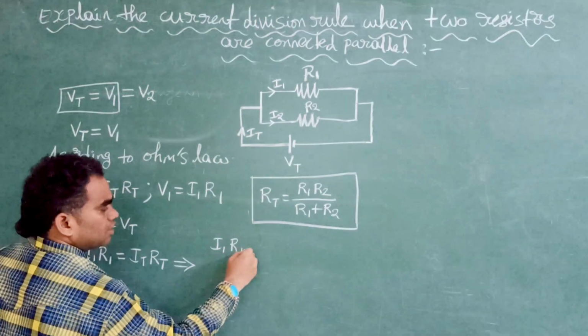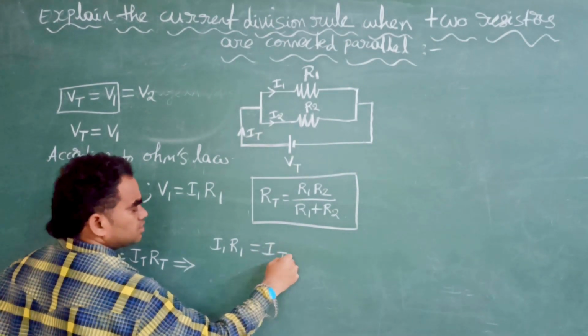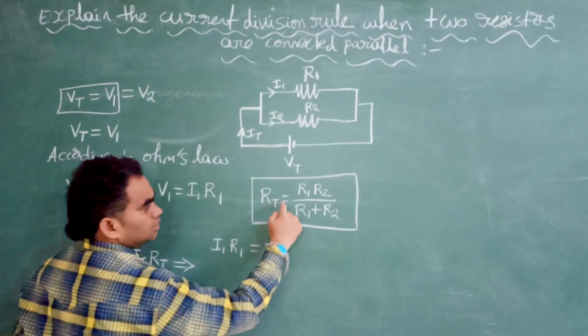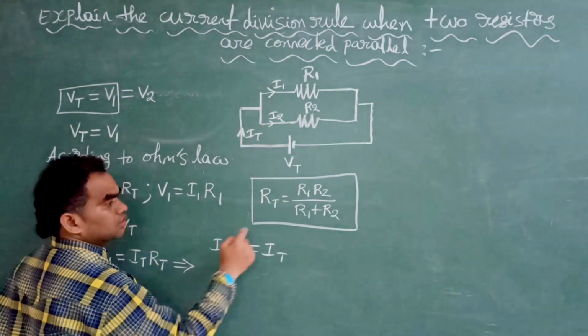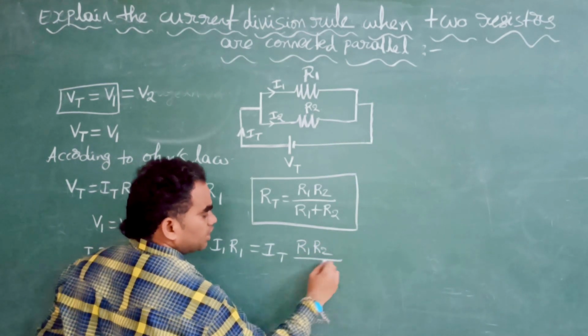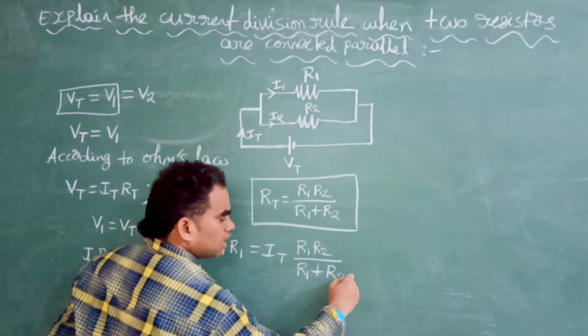So I1 R1 is equal to IT, and substitute this RT value. RT means R1 R2 by R1 plus R2.